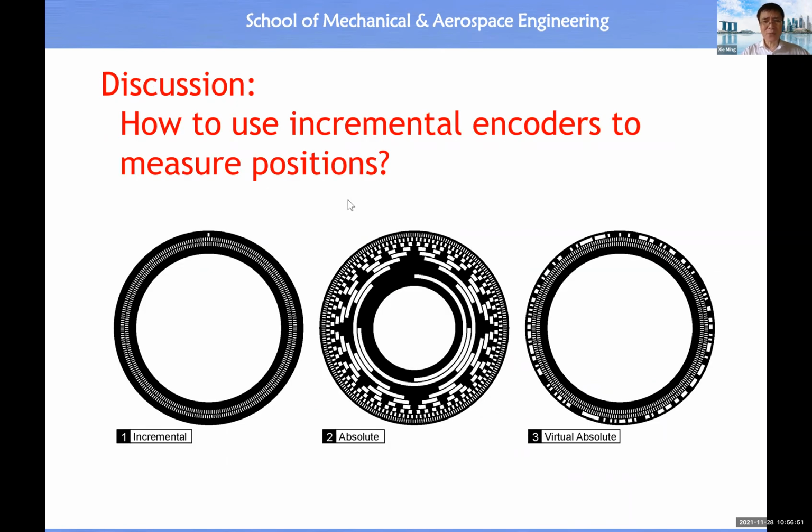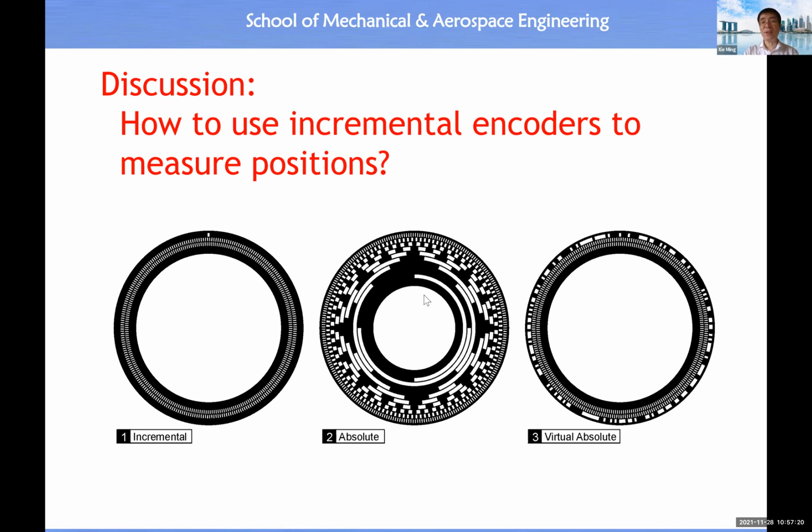And this one is just for you to think. So it means actually in this area you can do innovation. For example, for an absolute encoder, the conventional way to design the pattern on the rotating disk is to have the same number of tracks as the number of photo detectors.